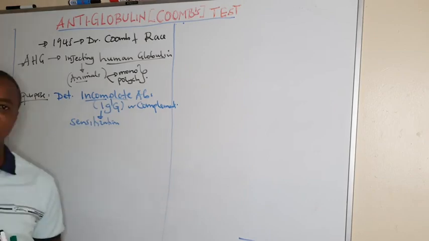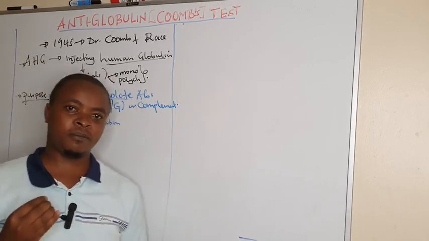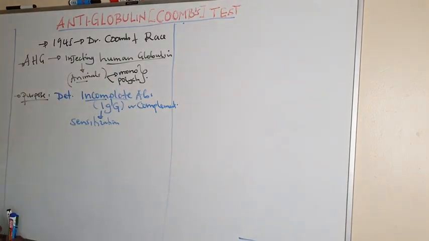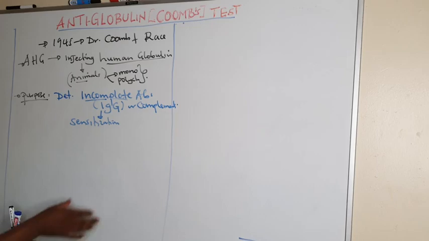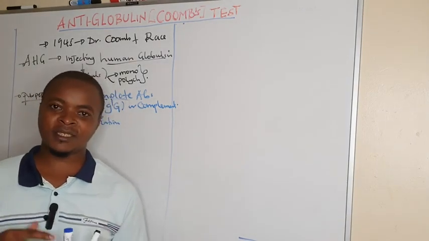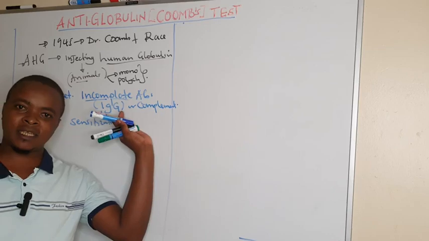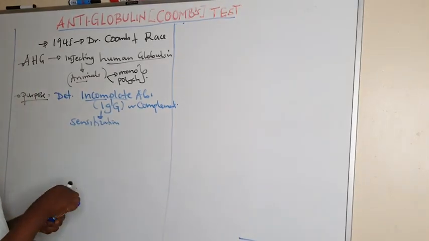This is different from naturally occurring immunoglobulins like IgM. IgM is complete because it causes visible clumping on reaction. But IgG is small in size, so it is able to cause only sensitization.